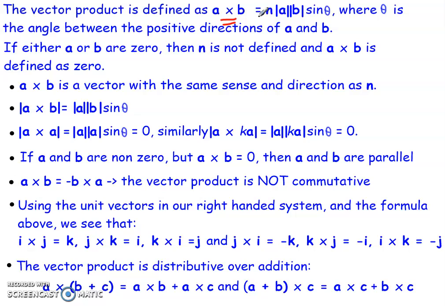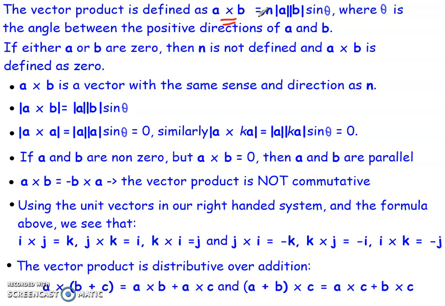At that point, we say the cross product A cross B is defined as 0, since we don't have two distinct vectors from which to calculate the normal.